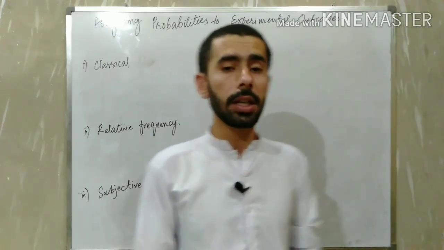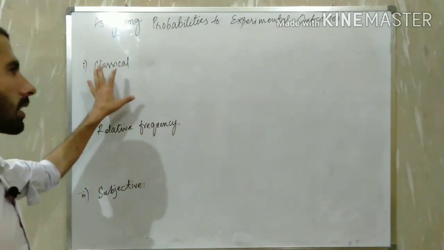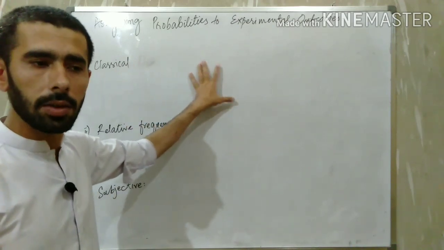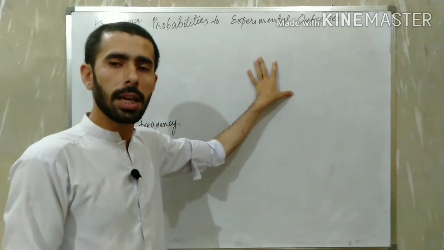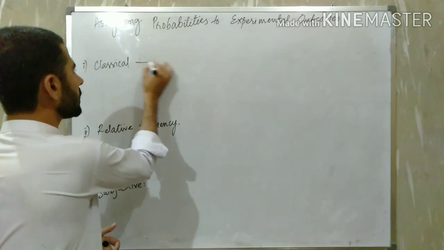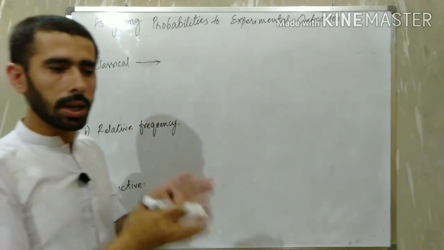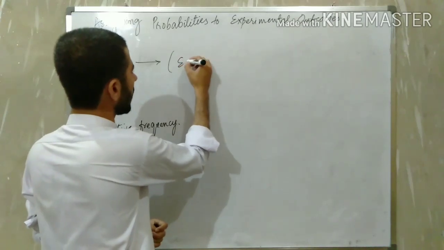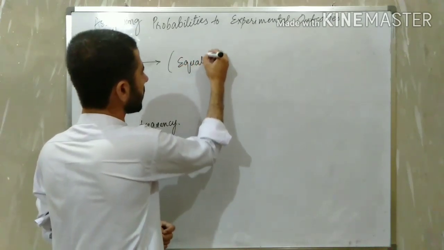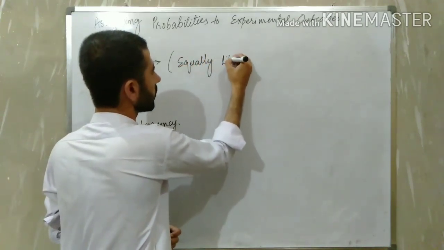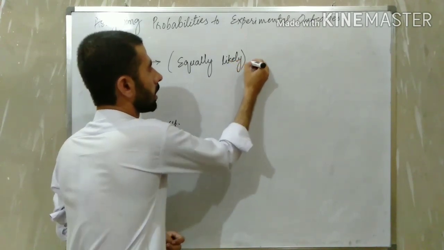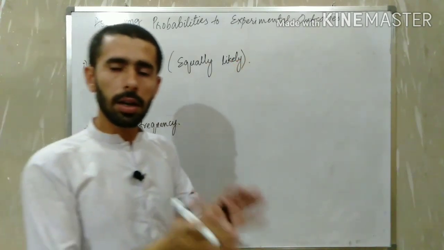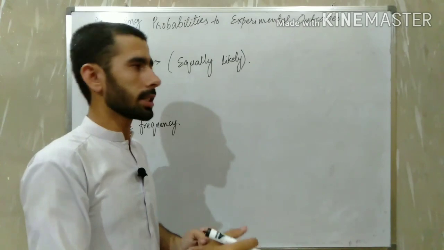So we say that whatever experiment we are dealing with and whatever possible outcomes it has, the chance for occurrence of each outcome is equally likely. In this approach, we say that every outcome has equal chances.